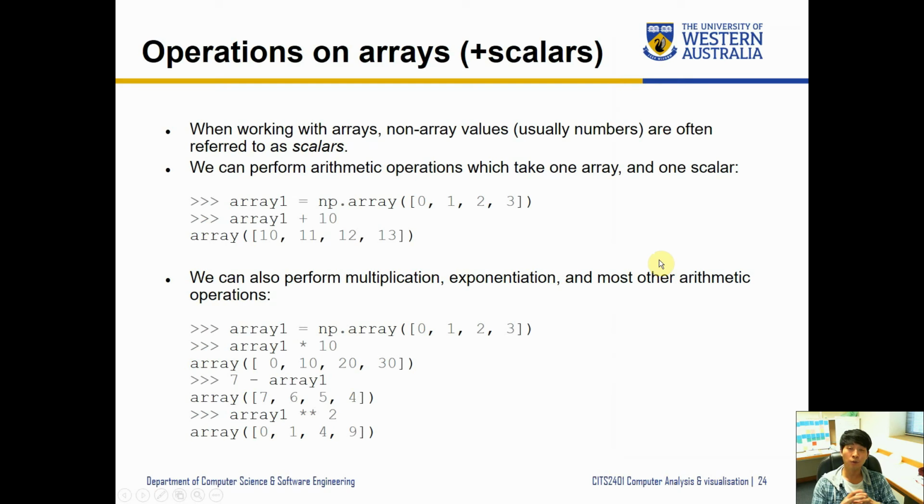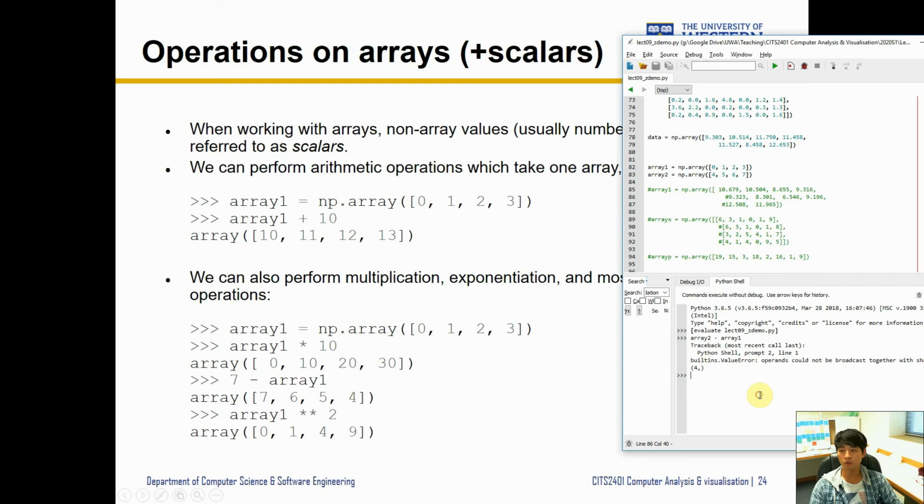Instead, if you want to apply the same operation using a single value to all items in an array, you can use a scalar operation. So we can perform arithmetic operations which take only one array and one scalar. Here we have array 1, and what we want to do is array 1 plus 10.